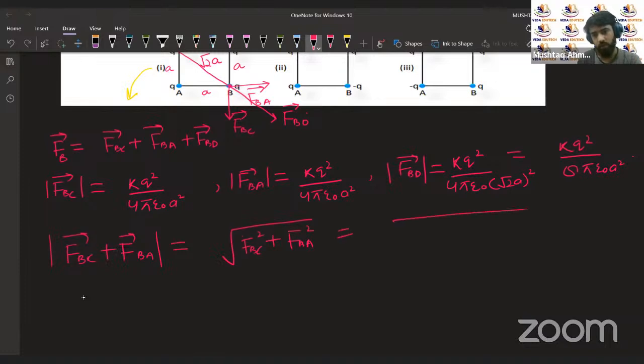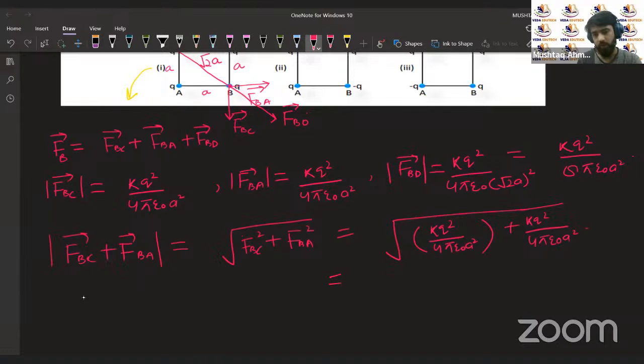So it will be equal to the square root of KQ square upon 4 pi epsilon naught A square plus KQ square upon 4 pi epsilon naught A square.